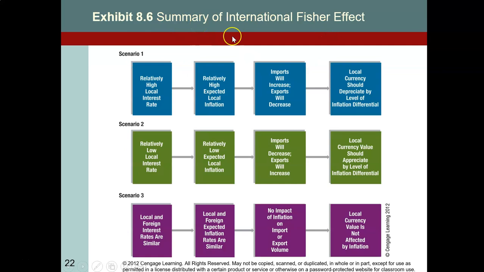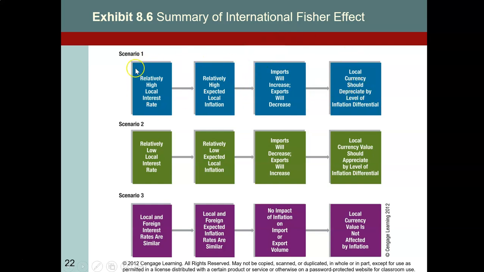Summary of IFE. When we have a relatively high local interest rate in scenario 1, we have a relatively high expected local inflation as well. Then we have more imports and less exports, so the local currency should depreciate by the level of the inflation differential. You can see the second, third, and fourth steps here are the same as PPP.